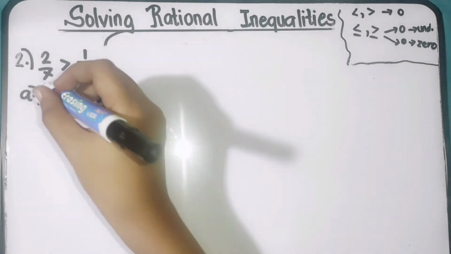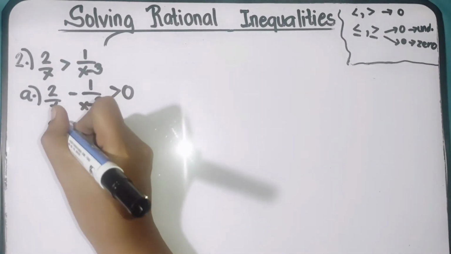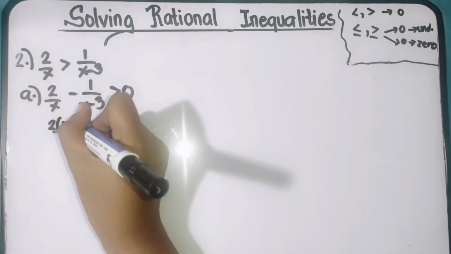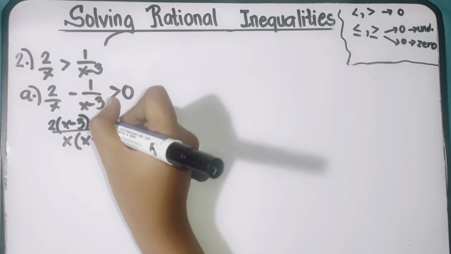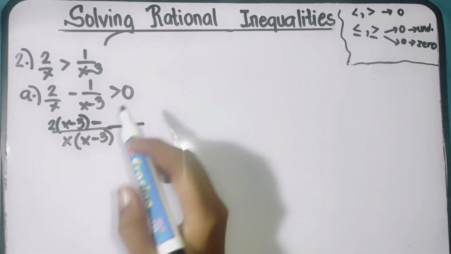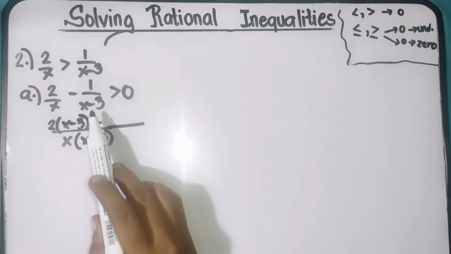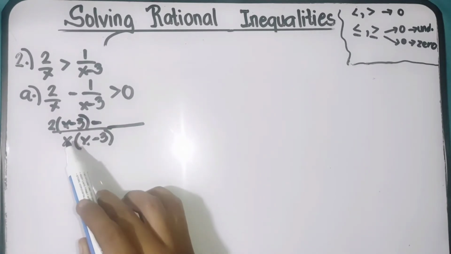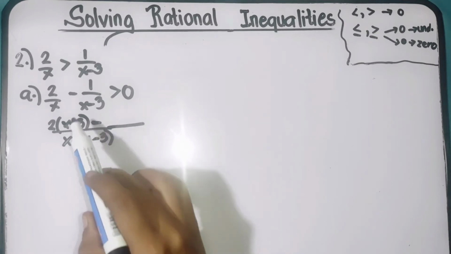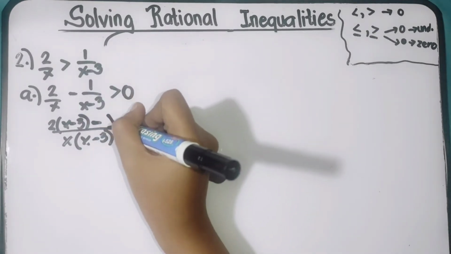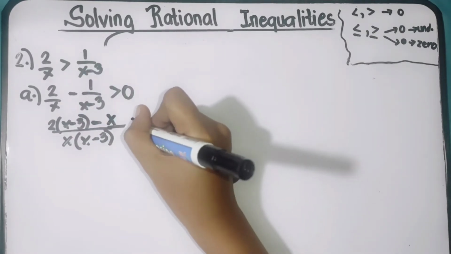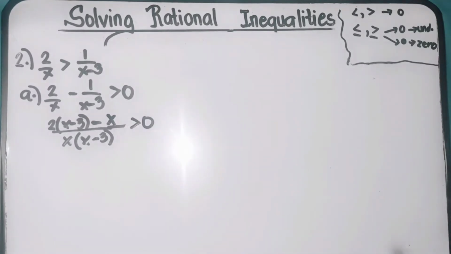So times 2, this will be 2 times x minus 3 minus x times x minus 3 divided by x minus 3, cancel x minus 3, only x is left. X times 1 is x is greater than 0.